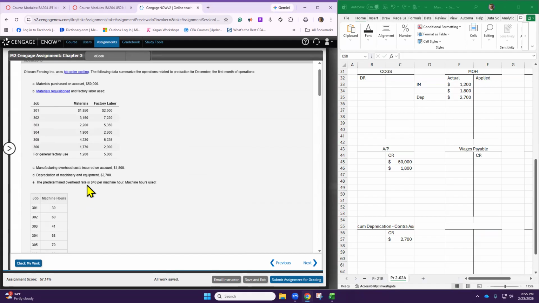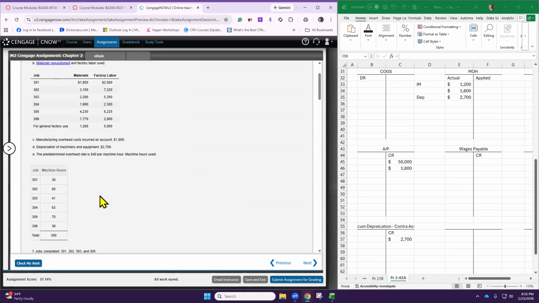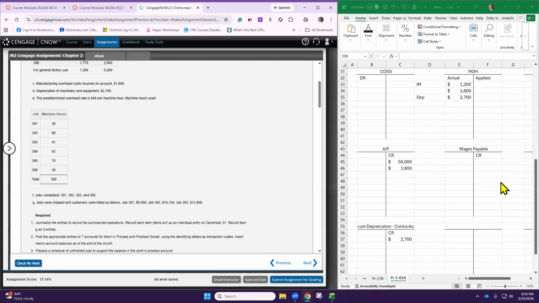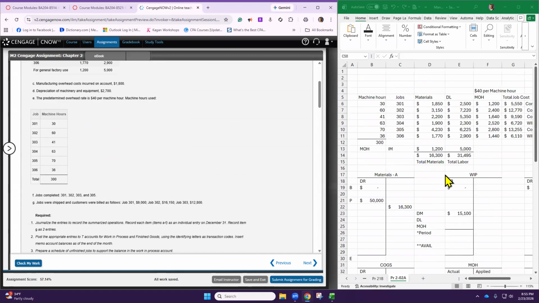The predetermined overhead rate is $40 per machine hour, and here are the machine hours used. Okay, so we're going to go back up here. So now we want a total of all of this here. Okay, so this is applied, right? This is applied. So this is with our predetermined overhead rate.